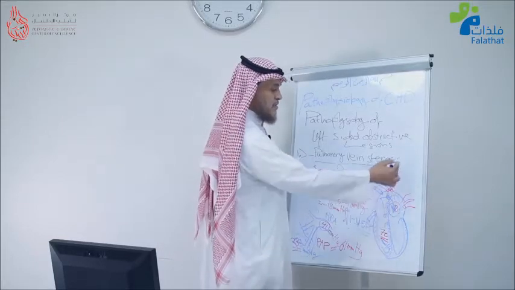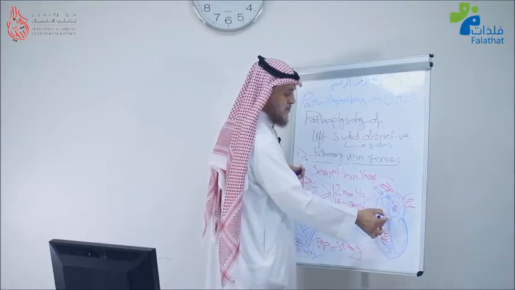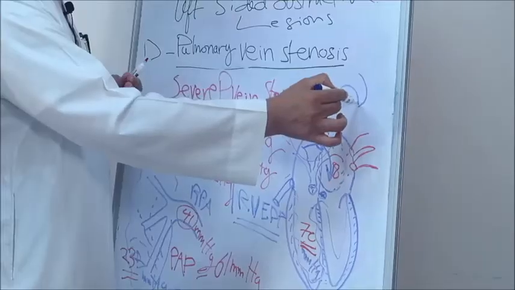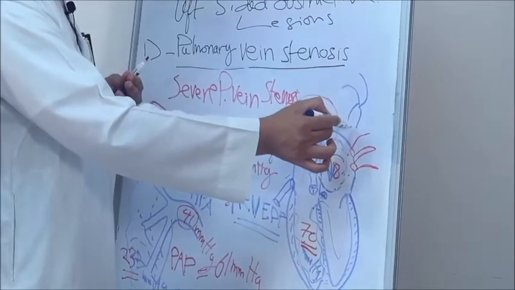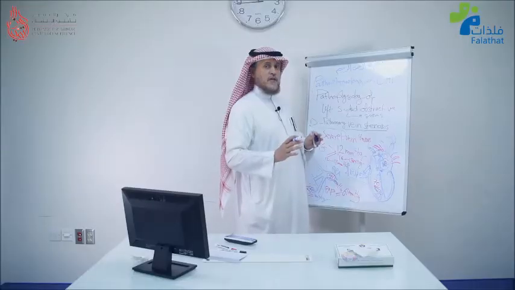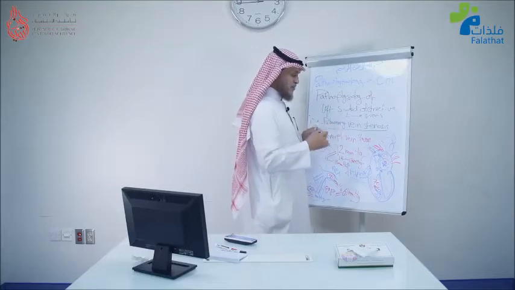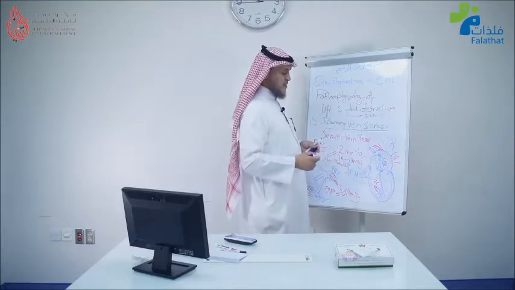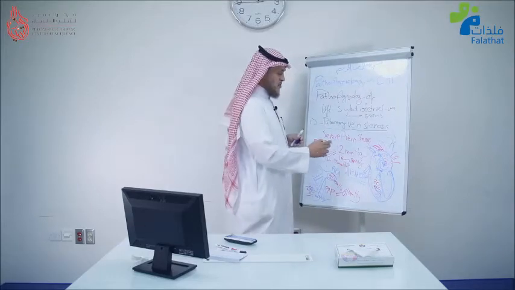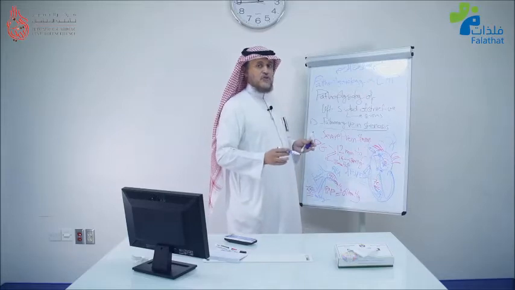Other left-sided obstructive lesions like aortic stenosis, coarctation of the aorta may also happen with these lesions, not necessarily because of the decreased flow theory, but in part, it is because of this theory. So in such a patient with severe pulmonary vein stenosis, we have major pathophysiological effects.